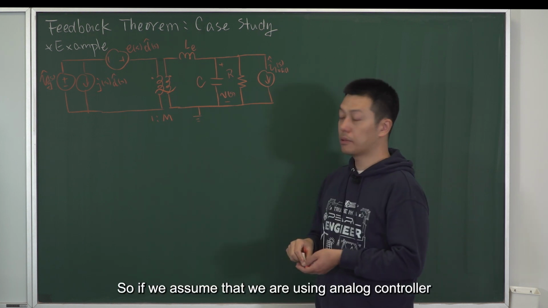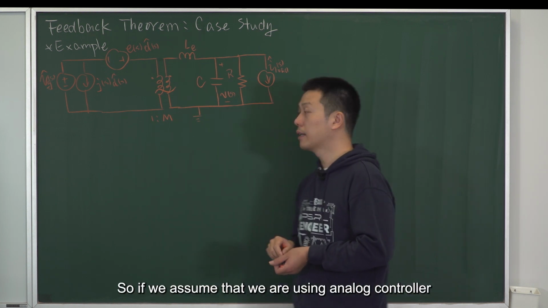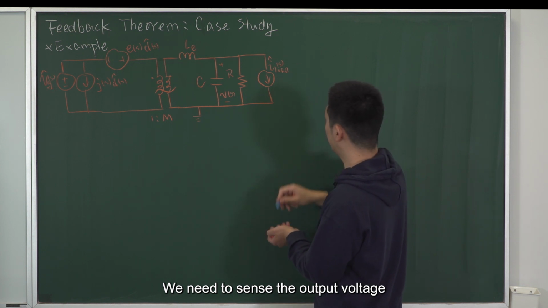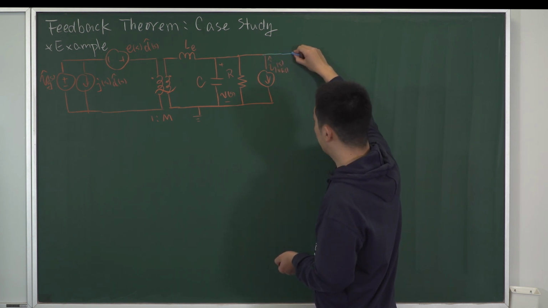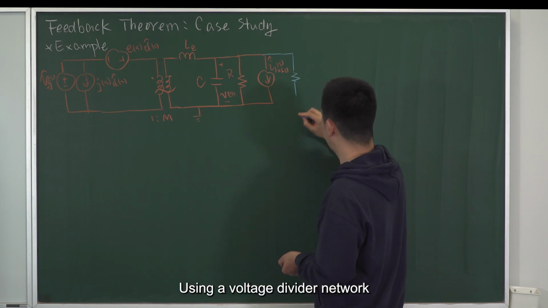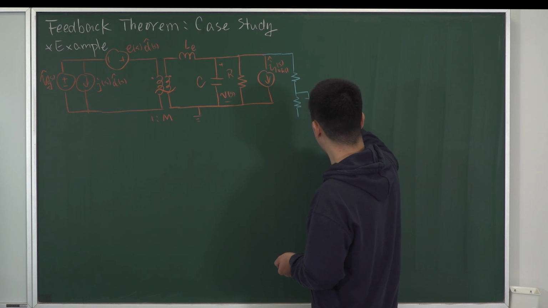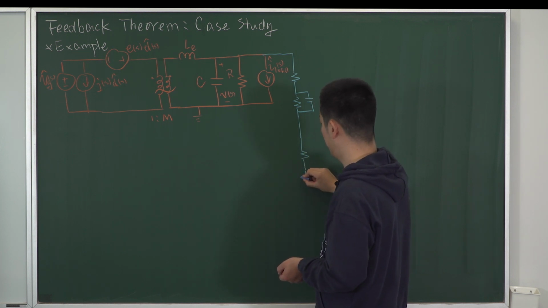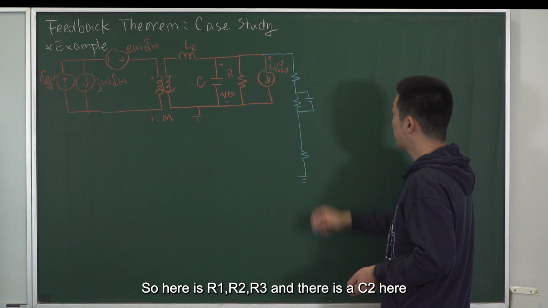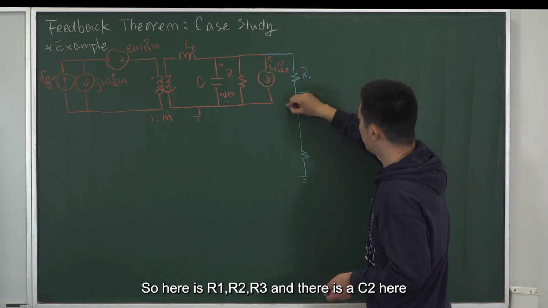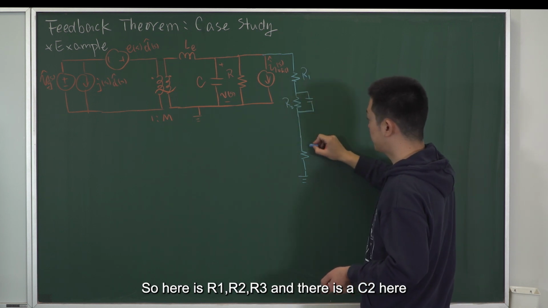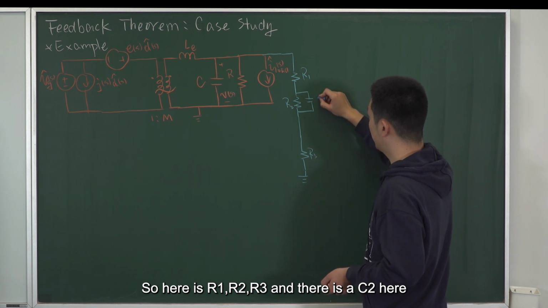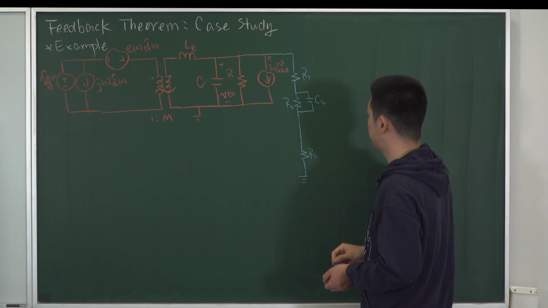If we assume that we are using an analog controller, we need to sense the output voltage using a voltage divider network. So here is R1, R2, R3, and there is a C2 here.